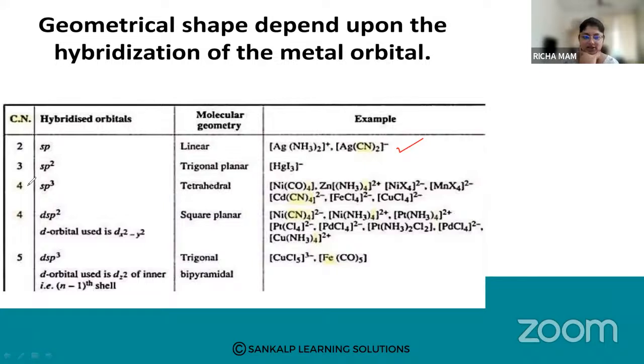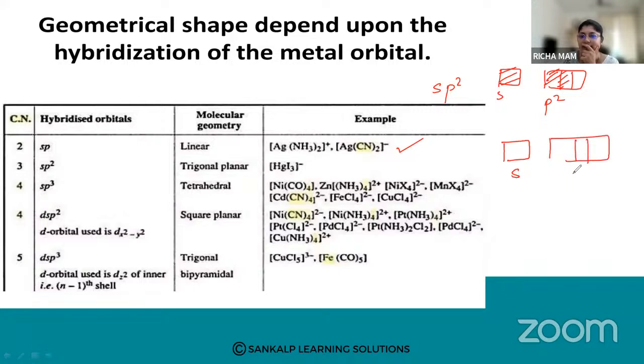Then if you have a coordination number 3, the hybrid orbitals used will be sp2. sp2 means one s orbital and two p orbitals. If the coordination number is 4, it is going to use s and p3, so 3p.